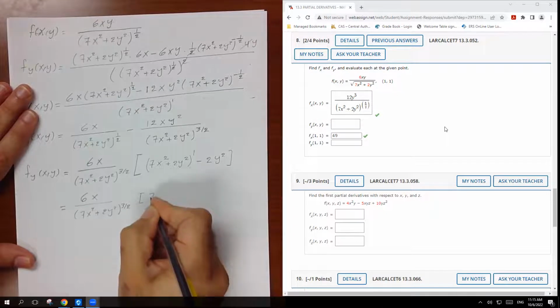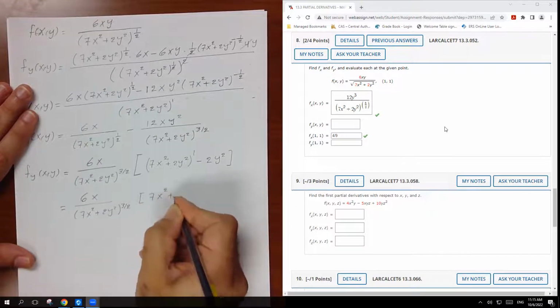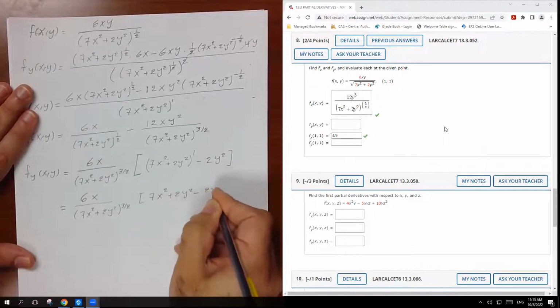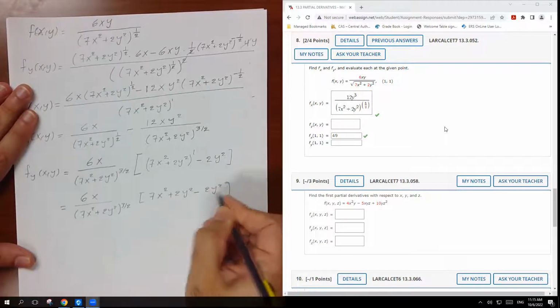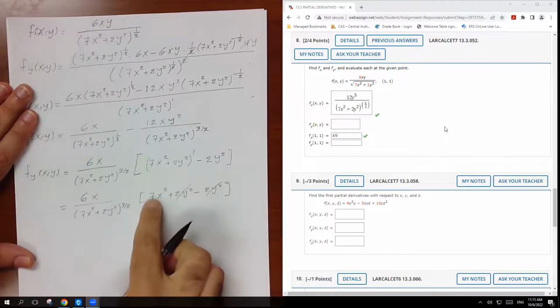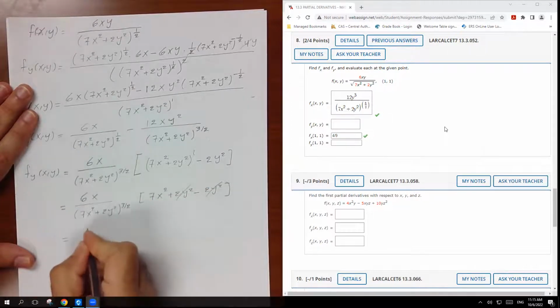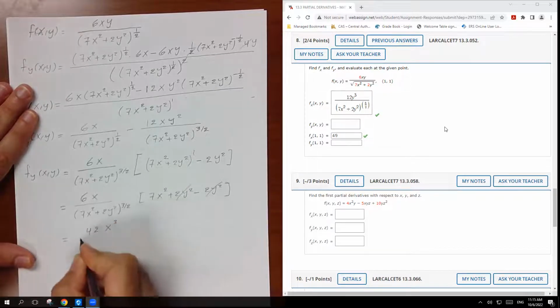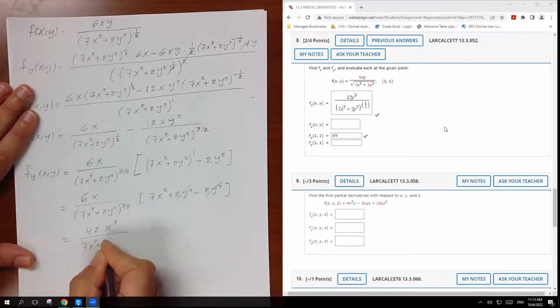And here is 7x squared plus 2y squared minus 2y squared. Cancel these. 7 times 6, so it's going to be 42x cubed over 7x squared plus 2y squared to the 3 over 2.